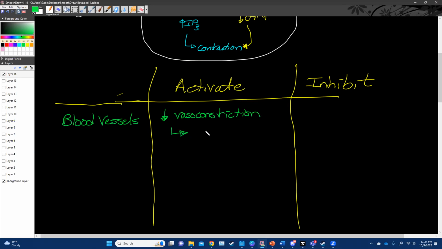The result is that we're going to decrease blood pressure. So what's one of the uses? Well, hypertension. This is a very useful way of having a broader effect on the body.